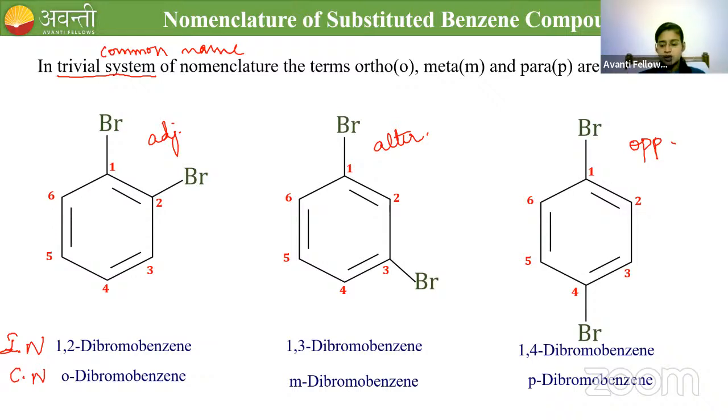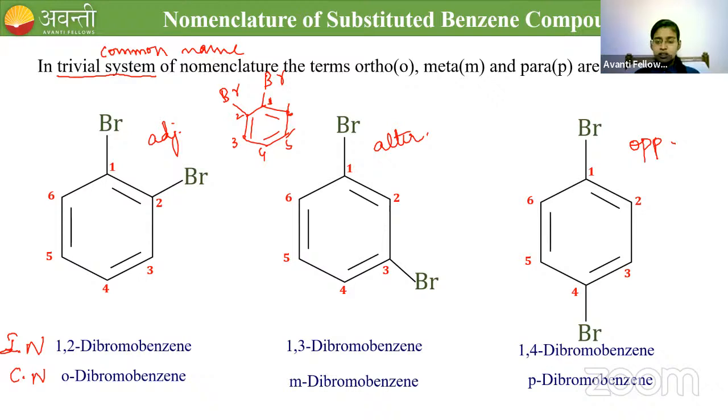So if you are drawing the 2-bromo like this, then you have to number in the anti-clockwise manner, 1, 2, 3, 4, 5, 6 like this. Are you getting my point? Only after seeing the compound, we are numbering it, right? So if the compound is given to you like this, then you have to start numbering according to the anti-clockwise manner.